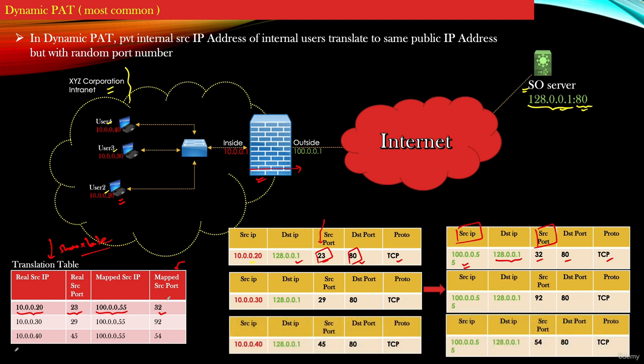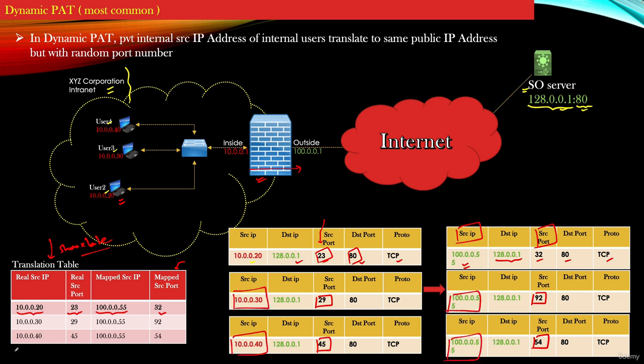Similarly, when user 2 and user 3 try to access the Stack Overflow server, you can see that the firewall has replaced the source port number of the packet with the source port number which it had dynamically generated, right? And obviously the source IP address in all cases will be replaced by the same public IP address.